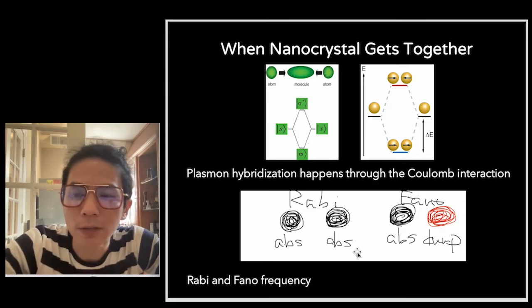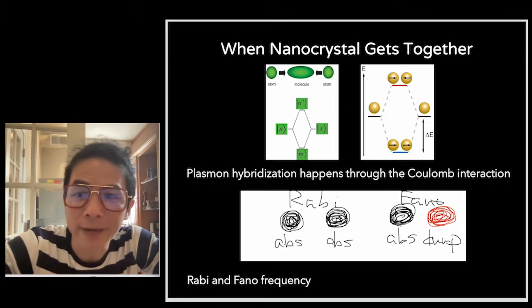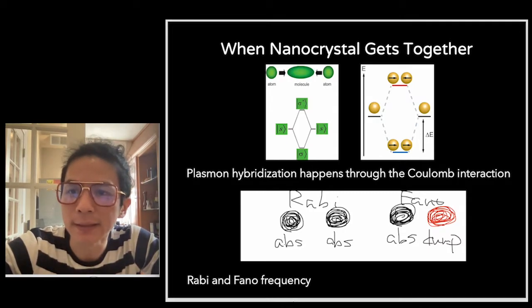And this type of interaction can be quantified using the Rabi and Fano frequency. When you study the plasmonic hybridization between nanomaterials, Rabi and Fano pretty frequently appear in the paper, but this is the basics of the idea of Fano and Rabi frequencies.